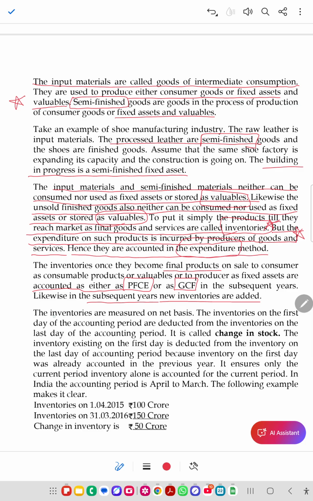The inventories are measured on net basis. The inventories on the first day of the accounting period are deducted from the inventories on the last day of the accounting period. It is called change in the stock.